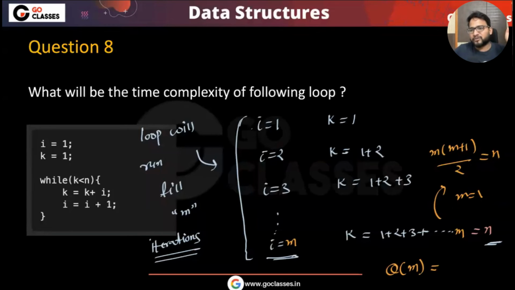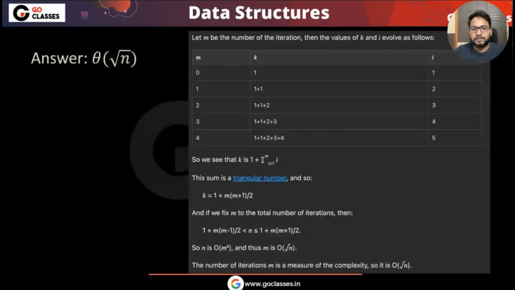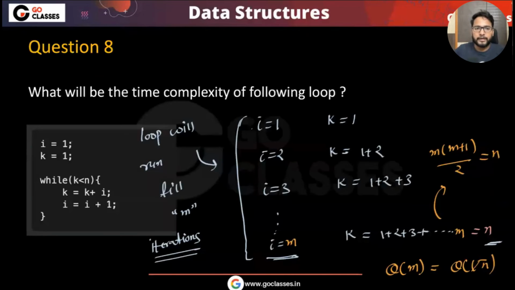Basically, it will be in the order of square root of n. So m is square root of n, and that's why square root of n is the answer. Order is fine, but theta is a stronger one, right? That's why I'm writing theta. Okay, is this clear? I think that was a good question, right?